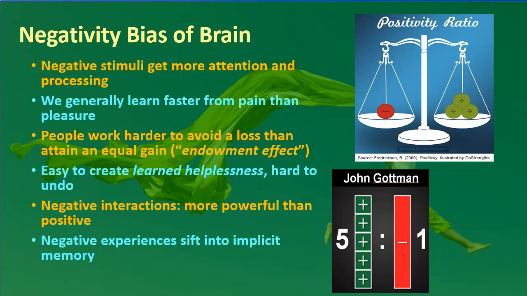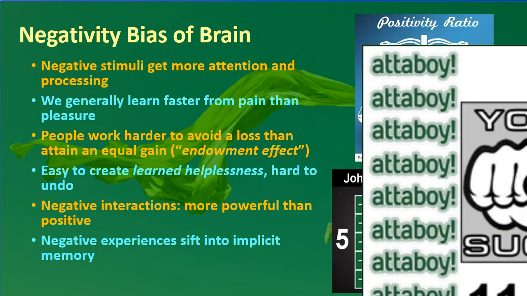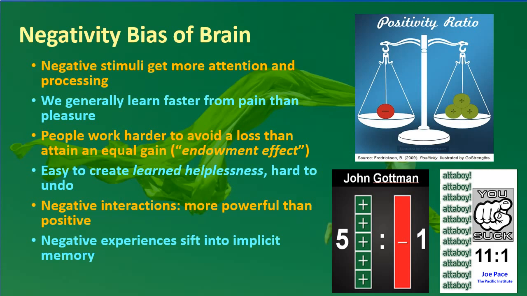A colleague of mine from the Pacific Institute, Joe Pace, said his research showed you had to have 11 attaboys to overcome 1 you suck. So as we get into this, it's important to remember that we hang on to that negative.